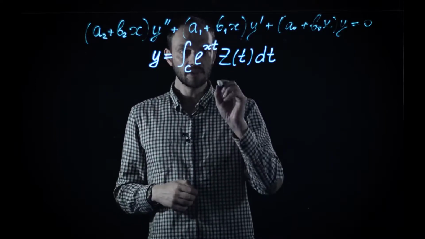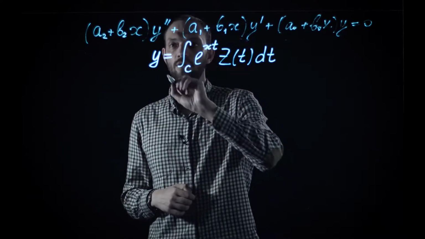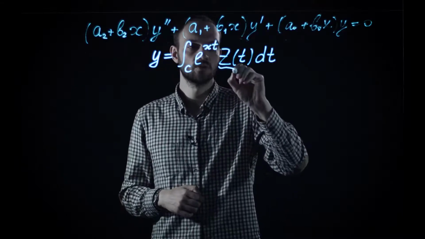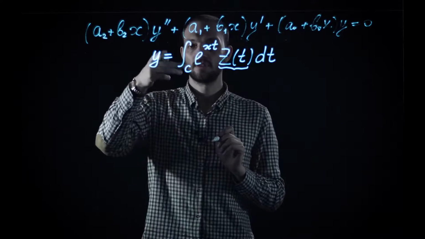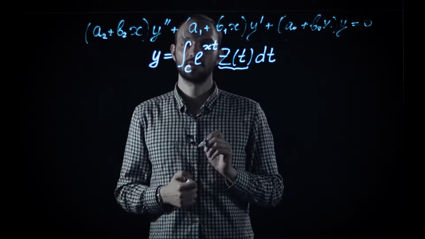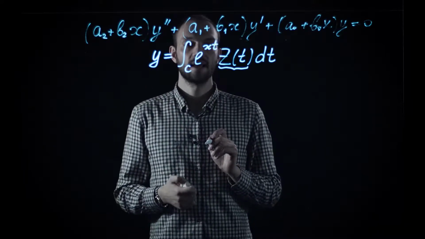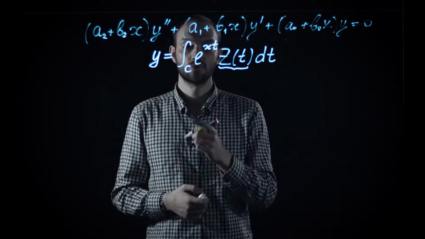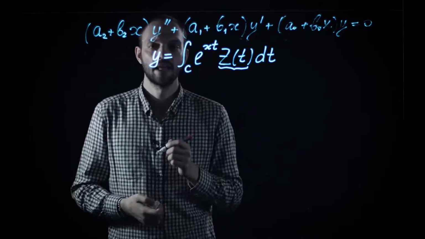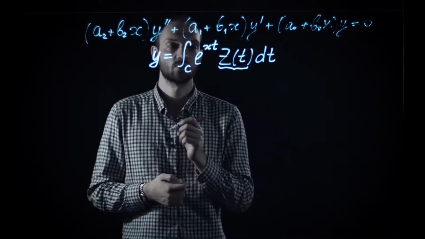And here, instead of our function of x, we introduced a function of z of t. And let us now substitute the solution in this form into our original integro-differential equation. In our transformations, we will just make use of the fact that the contour is chosen in such a way that the integral is well defined along this contour.